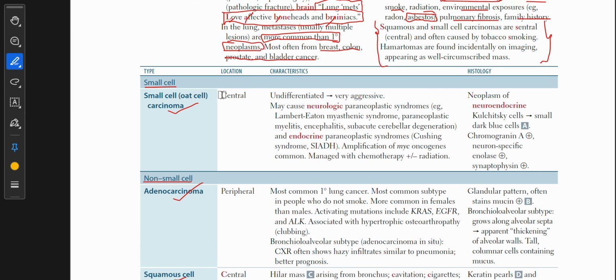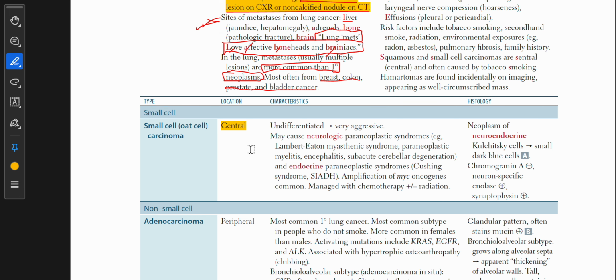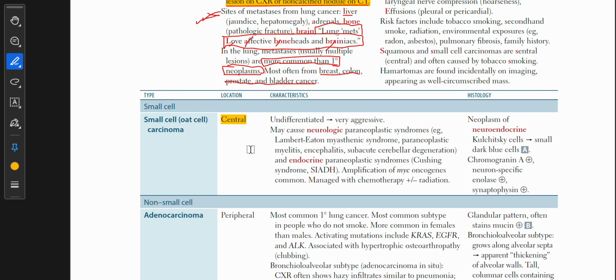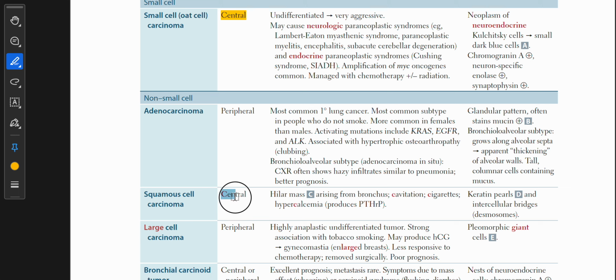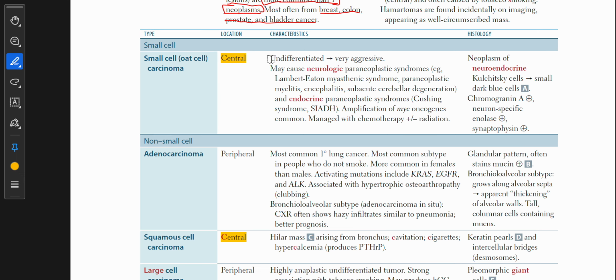In oat cell carcinoma, the location is central. As we talked earlier, squamous and small cell carcinoma are central. S for squamous, S for small cell, S for central, because we replace C with S to remember. So the characteristic is that it is undifferentiated, which is very aggressive.